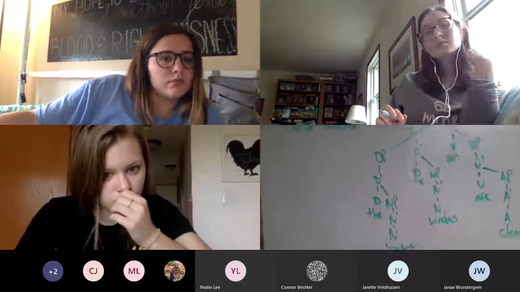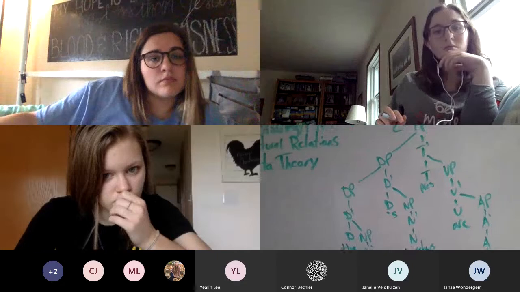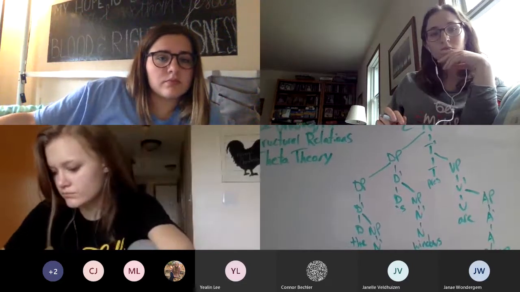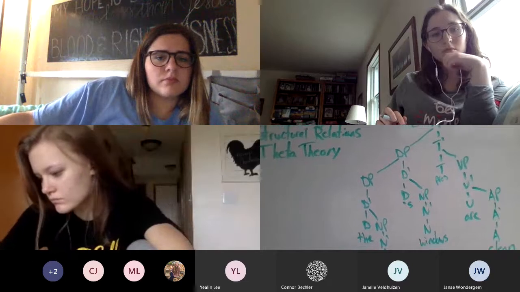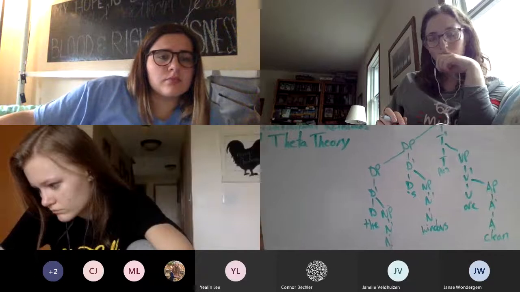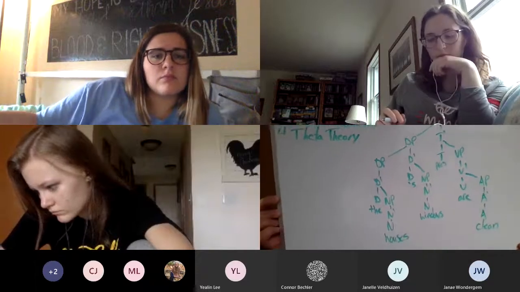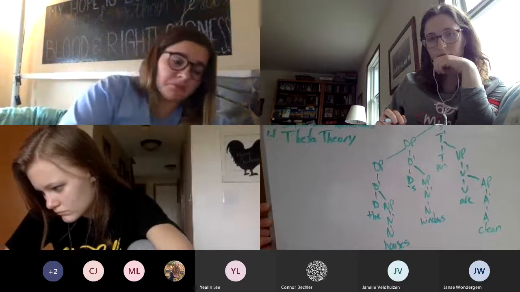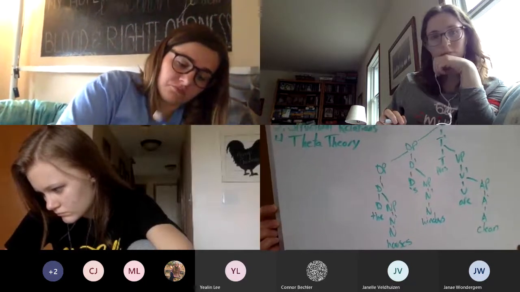When we get to the subject area here, we see that we have a DP goes to D bar and D like normal, but also coming off of that DP is another DP. That's the trick of the possessive S, the DP going to both D bar and a new DP.